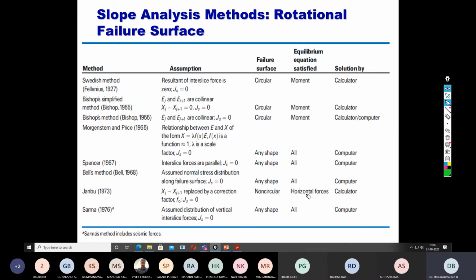Okay, so you need to have a fair idea about all these things, because in real life, say for example, you may have to go for non-circular, or we may have to go for the Janbu method, where there is a prevalence of only horizontal forces and there are no vertical forces.